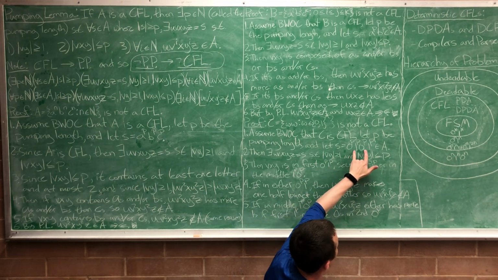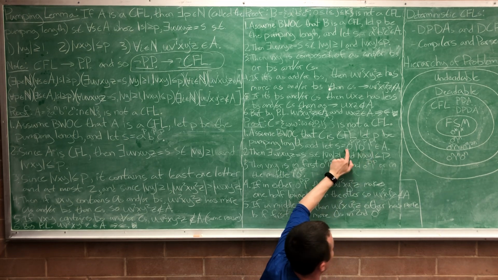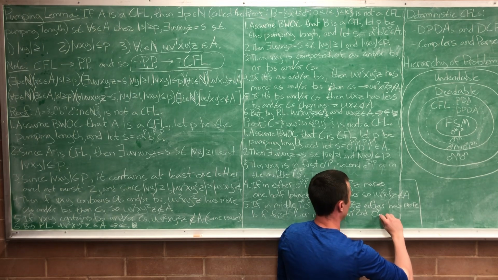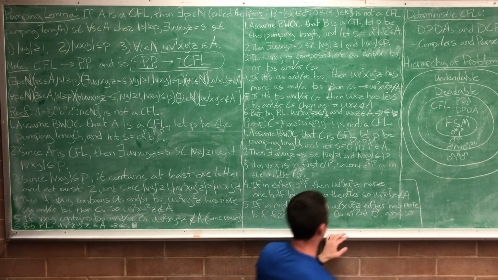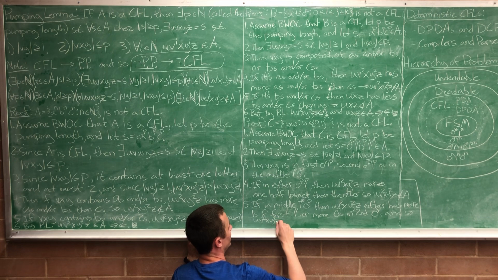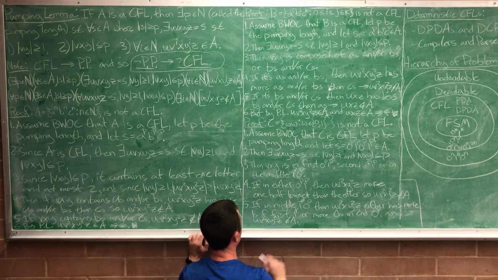If we pump up a string in here, we either increase the ones or the zeros or both. In either case, we either made these ones more than these ones, or those zeros more than those zeros. And so u v squared x y squared z is not in A.